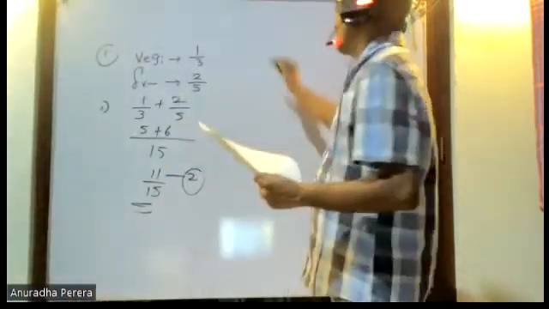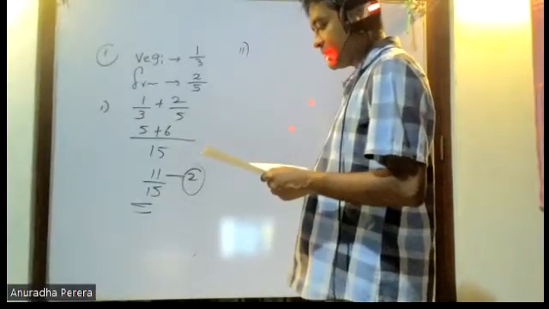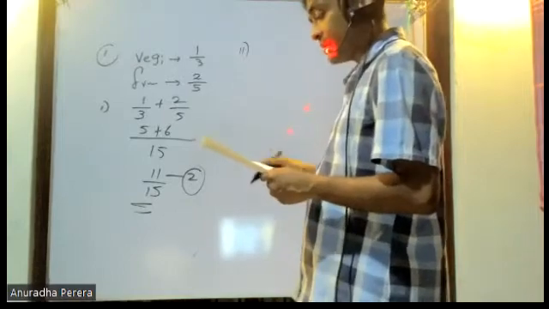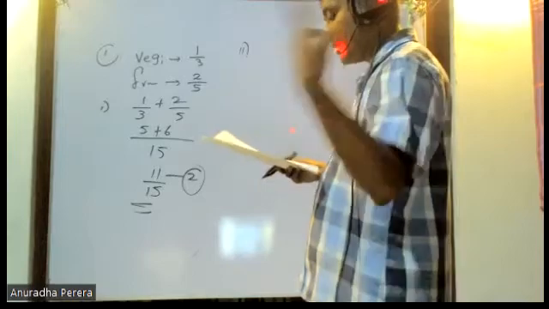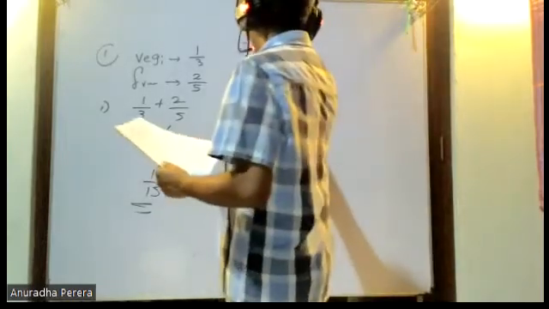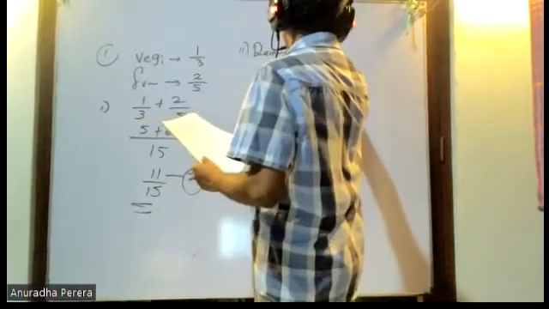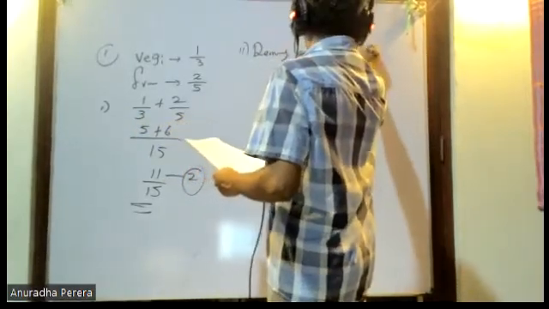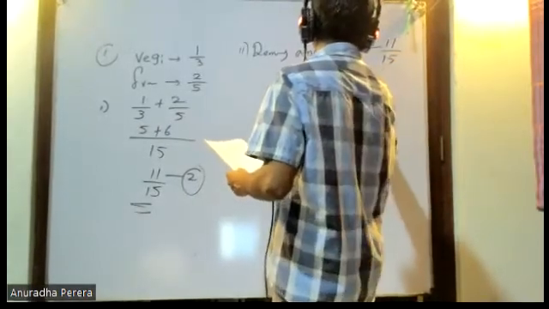The second question: what fraction of the total amount was allocated for the cultivation of spices? It is 1/4 of the remaining amount, so we first determine the remaining amount. 15/15 minus 11/15 is 4/15.